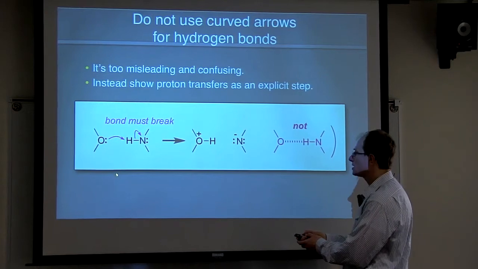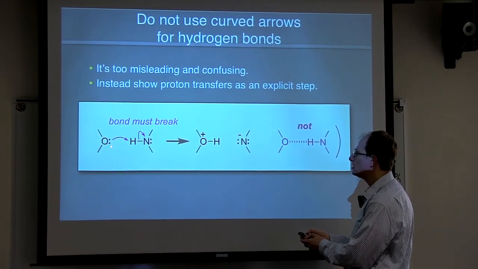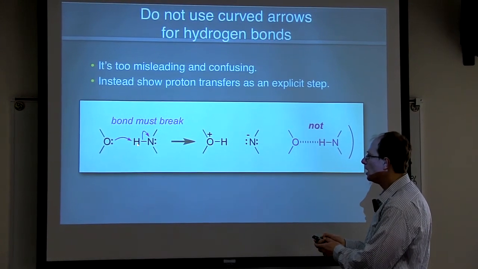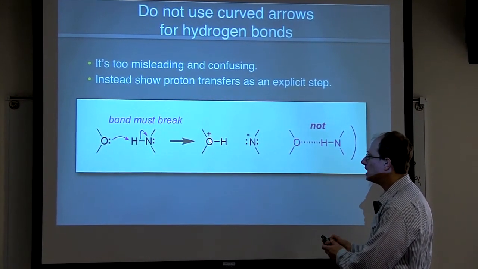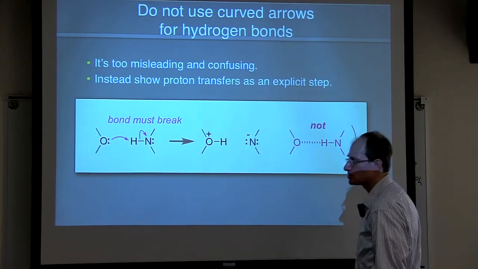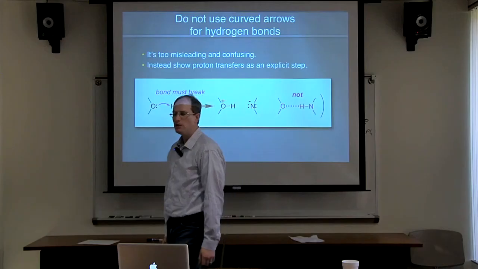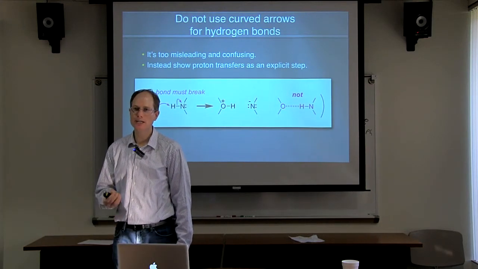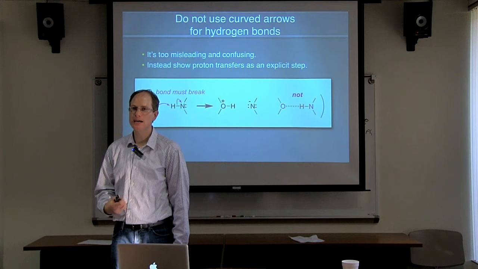Whereas over here in the case of the curly arrows, you're saying, no, it's going to pick up the proton wholesale, hang on to it for a while, and give you a positive charge on oxygen.